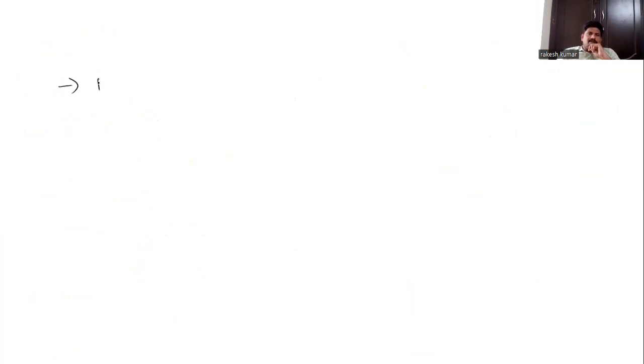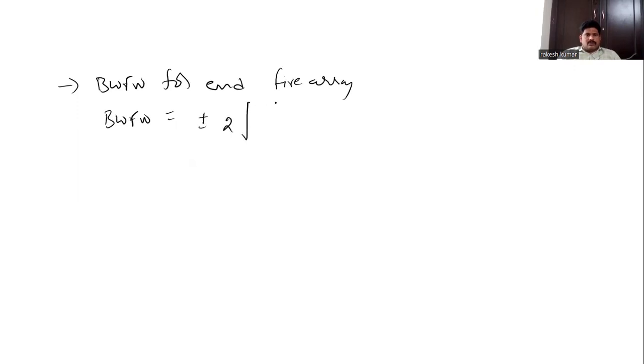You can calculate the beamwidth between first nulls for an end-fire array. So what is the formula for the beamwidth between first nulls for an end-fire array? It is plus or minus 2 into root of 2 lambda by nt.